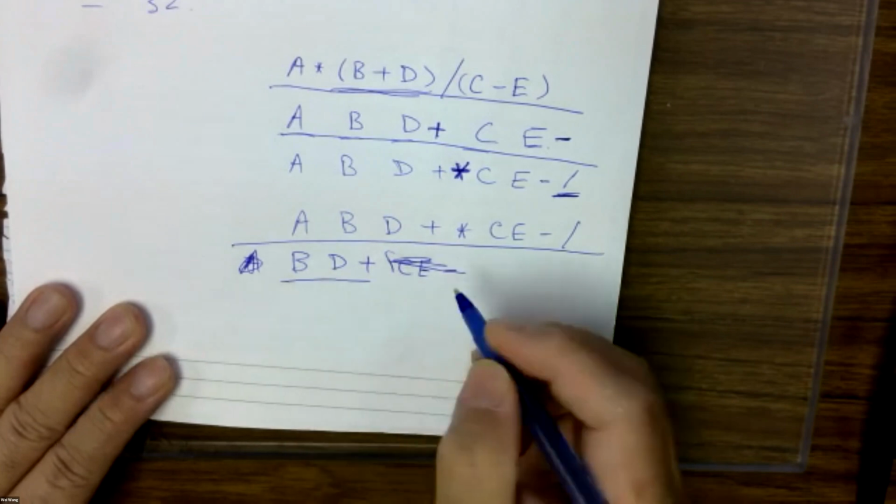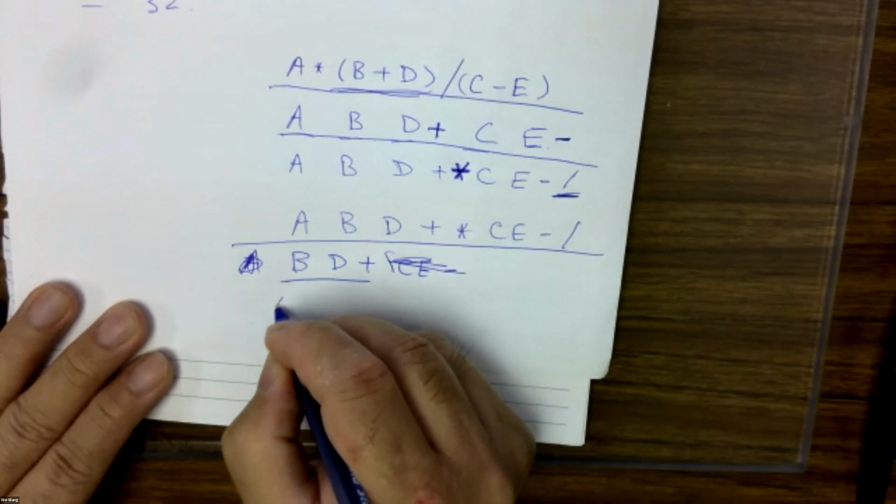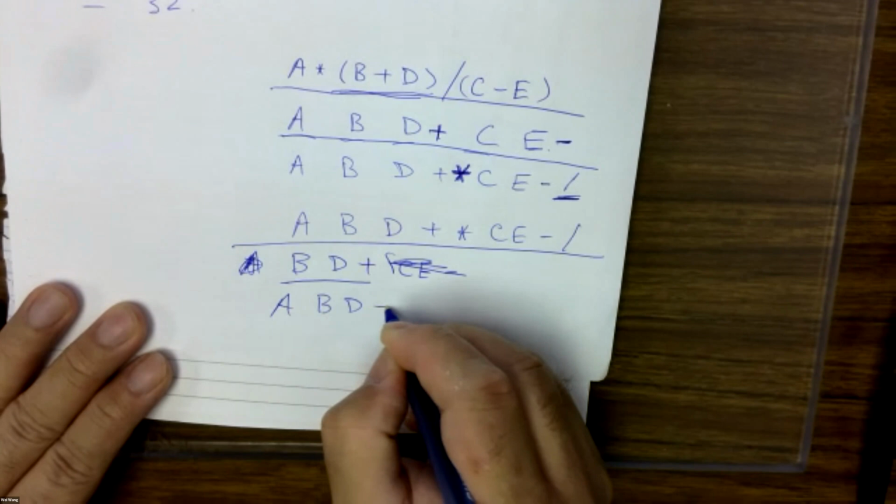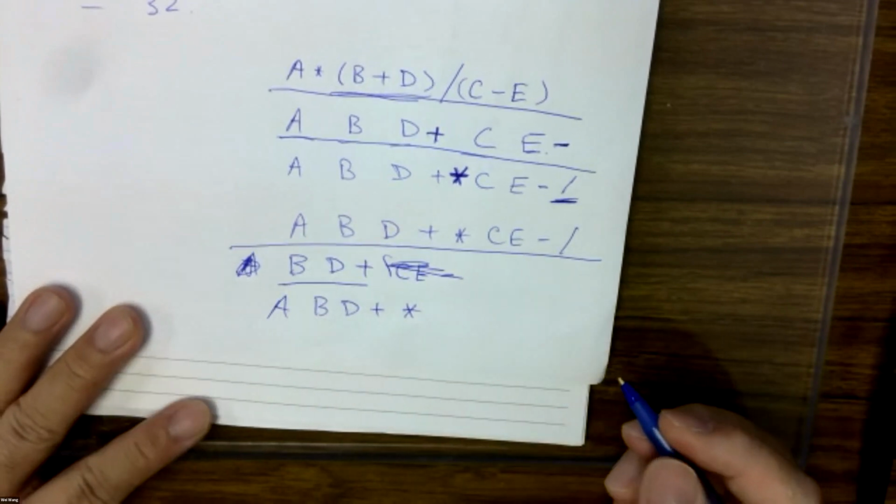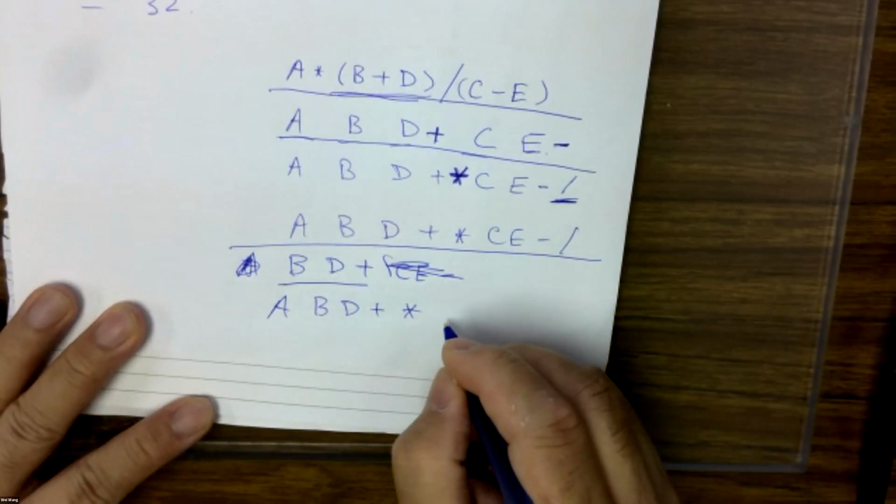You do B plus D first, and then you do A times that, and then you can do C minus E.